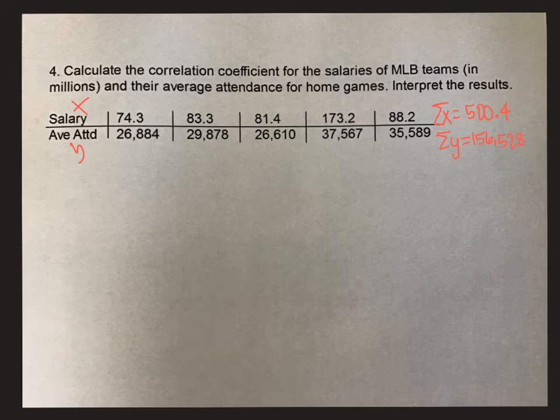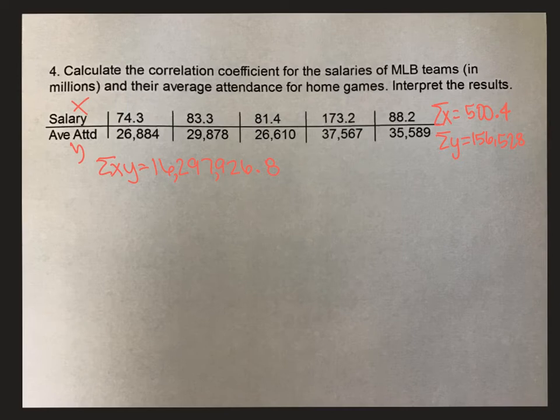For the sum of x times y, this is a really big number, so hopefully you didn't panic and think that you had the wrong number. It's 16,297,926.8.